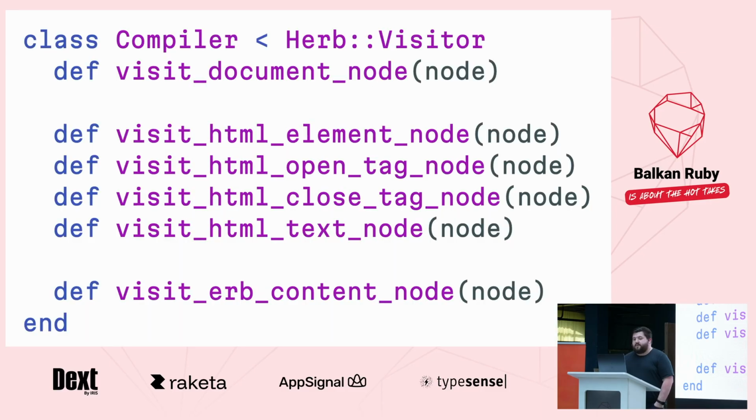And Herb allows us to implement visitors to visit all these nodes in sequence in this tree structure. And that allows us to build a compiler which can compile our syntax tree to a Ruby script that we can run like we saw earlier.